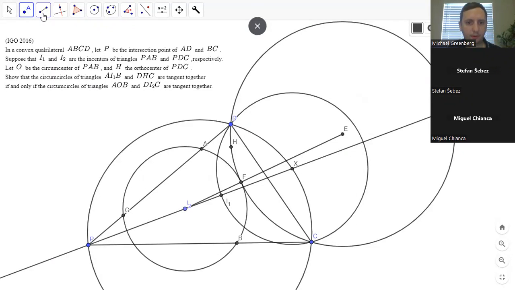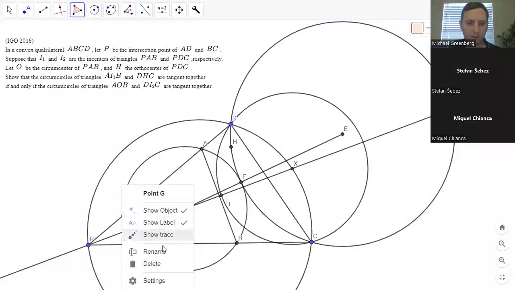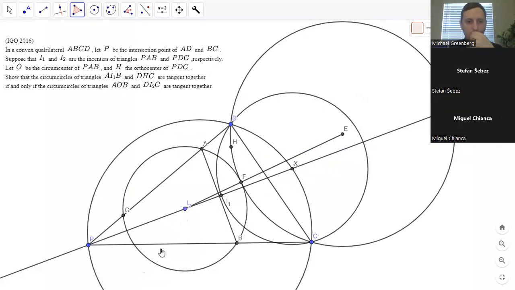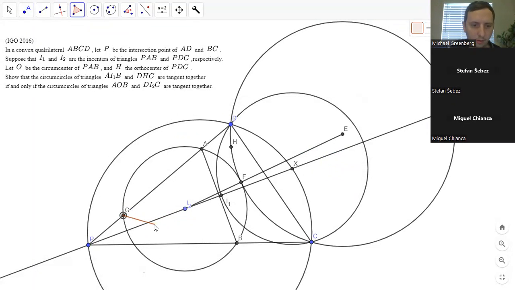So let's check that actually works. No, G should be A. G should be A. And it isn't I2, but the midpoint of arc. Okay. Whoops. Sorry, I'm screwing up here. Okay, so G should be A.